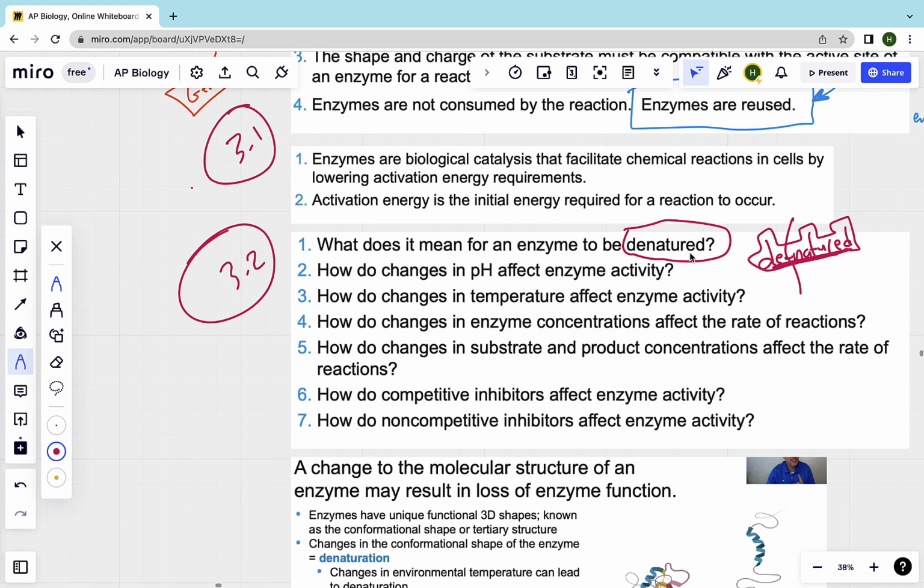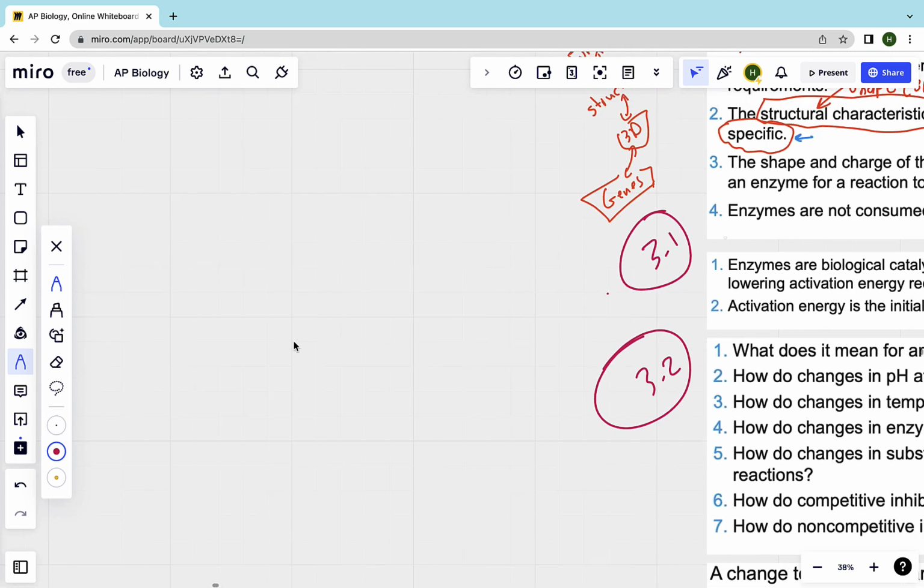If I break the top of this key, will it function the same way? No, it won't function. Whereas if I break the bottom of this key, will it work? Yes, because enzymes have an active site. What is the active site? It's the part of the enzyme where it binds to the substance. Not all of it will bind. So let's say this is an enzyme.